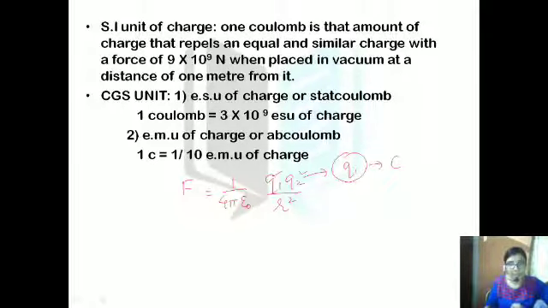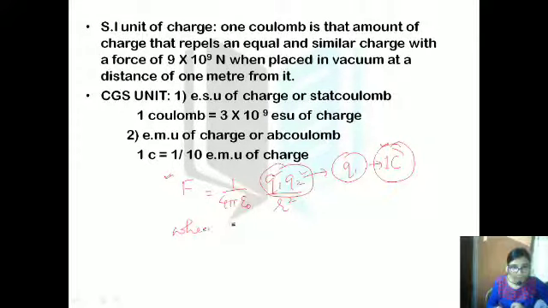Now we have to find out what is the value of this 1 coulomb, the SI unit of charge. Let's define what this 1 coulomb is. To find the amount of charge present in 1 coulomb, we will use this expression.